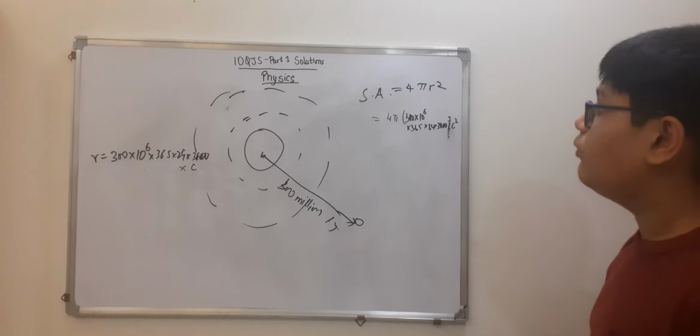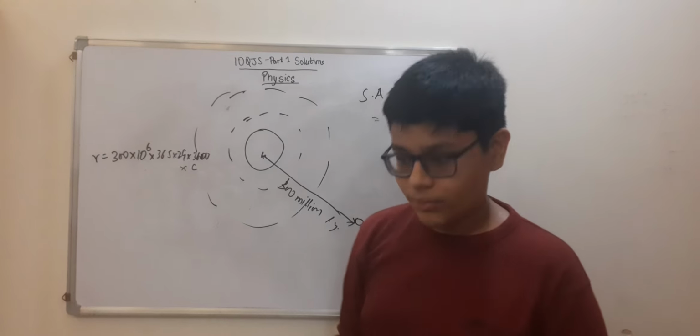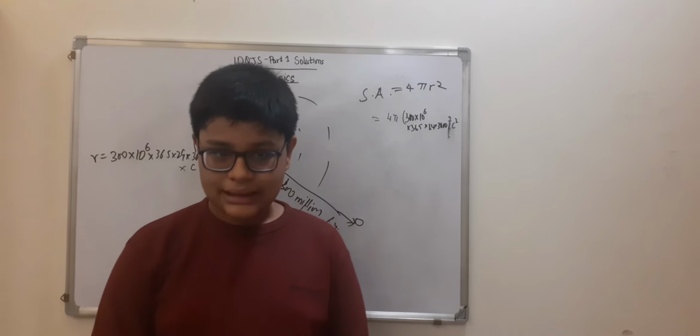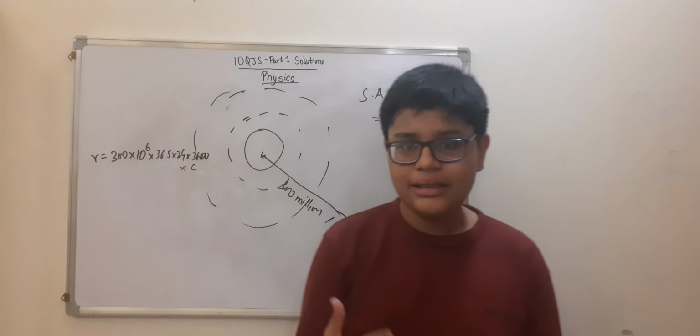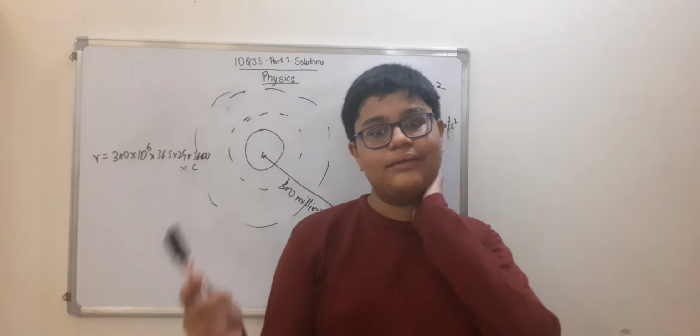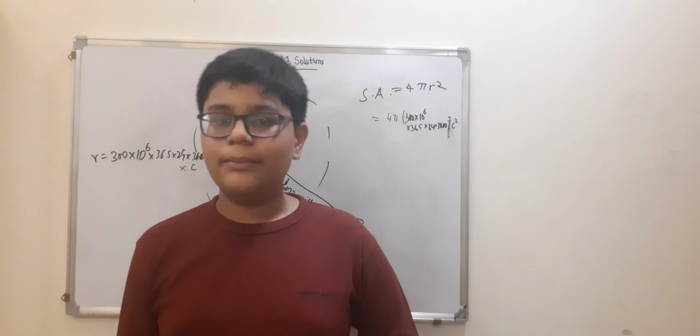Okay. So now what we can say is that the power received per meter square multiplied by the surface area will give us the total power, right? And that total power we can equate to mc square by t.